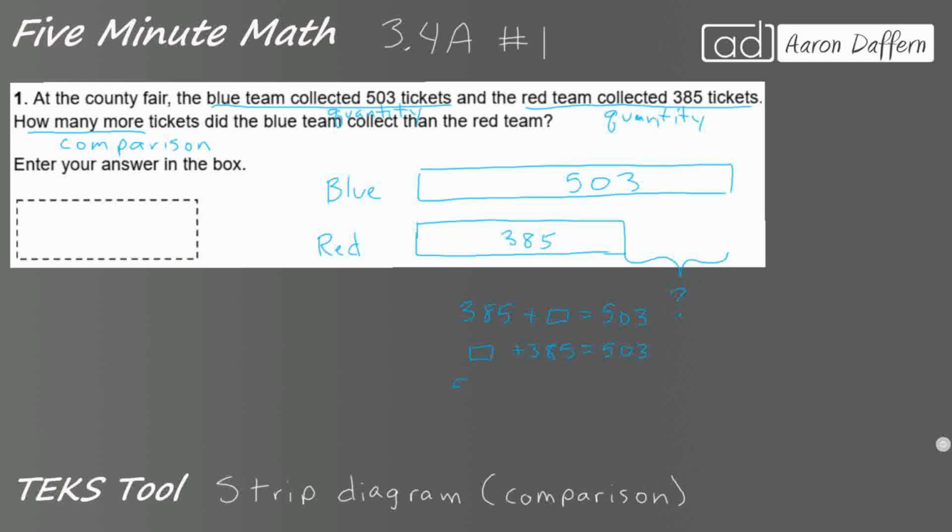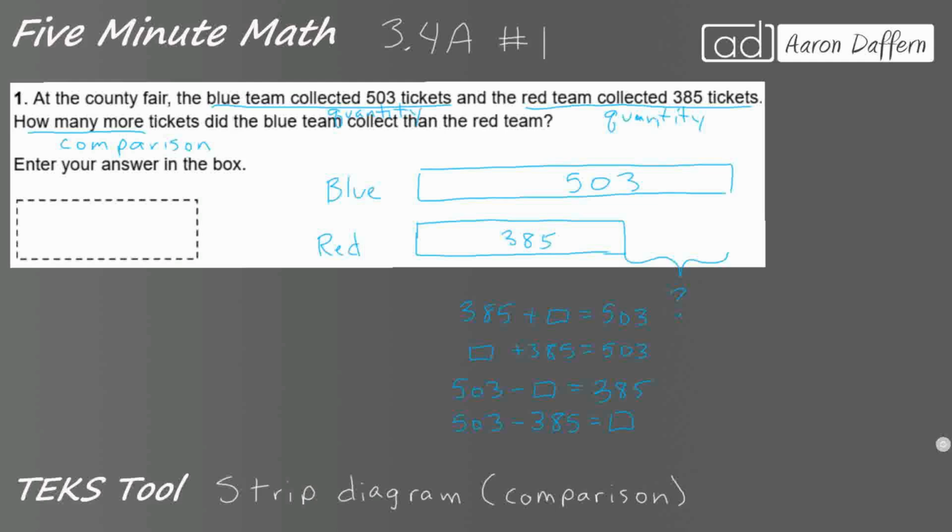What's going to be most helpful for us is the subtraction sentences, right? We can always write a fact family out of a strip diagram. And so that's going to be 503 minus what makes 385. It's this last one that's going to be the most helpful: 503 minus 385 equals blank.